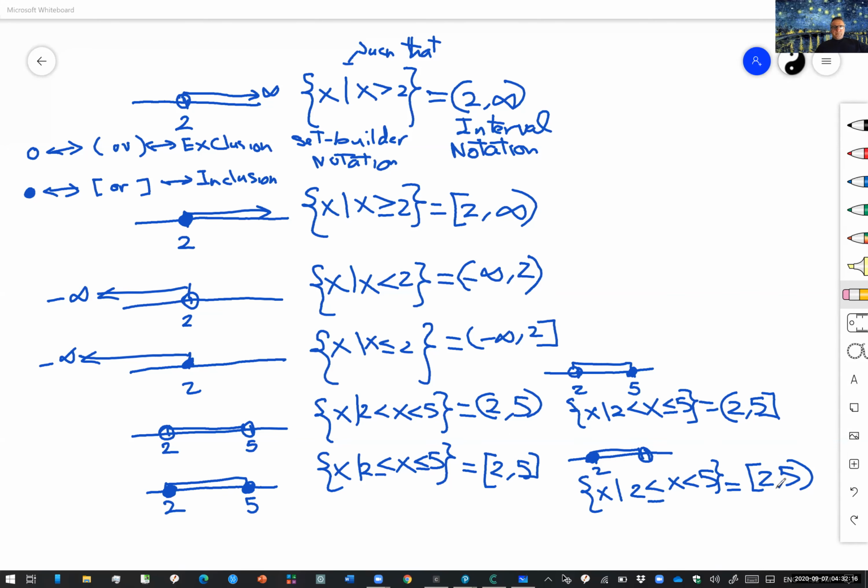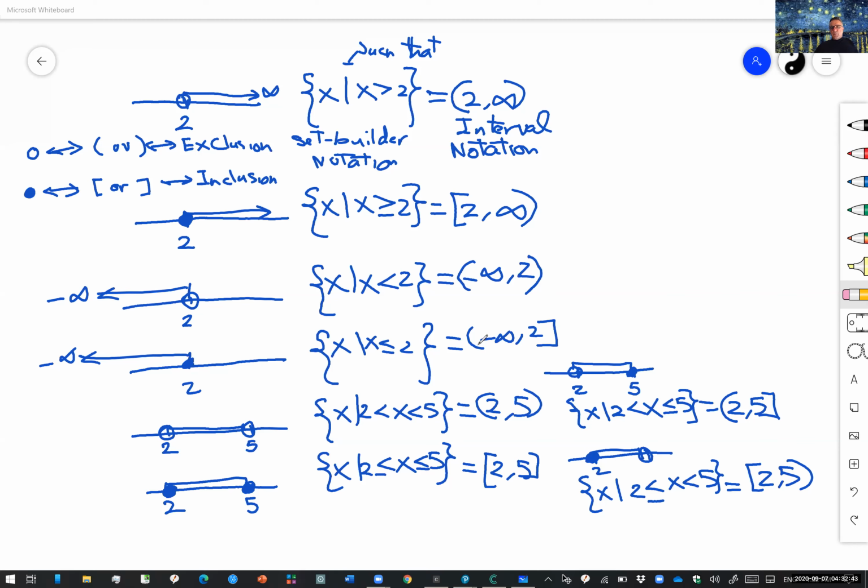All right, so notice the intervals where both sides have parentheses, those are called open, right? So here's an open interval, here's another one, here's another one, and the ones where both are brackets, we only have one of those, right? This one. That's called a closed interval, right?